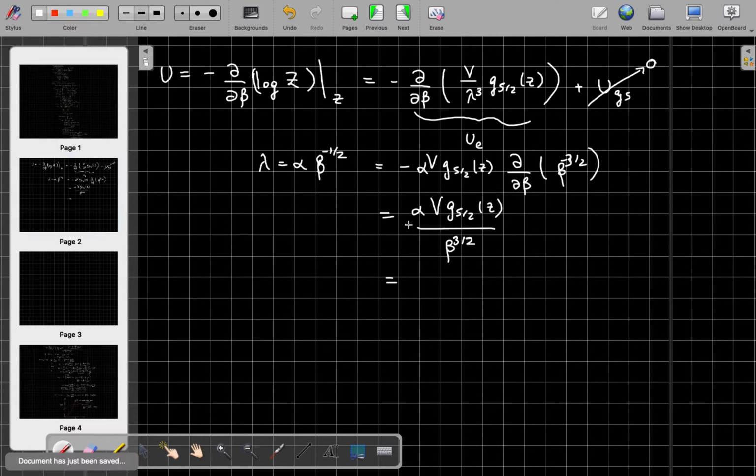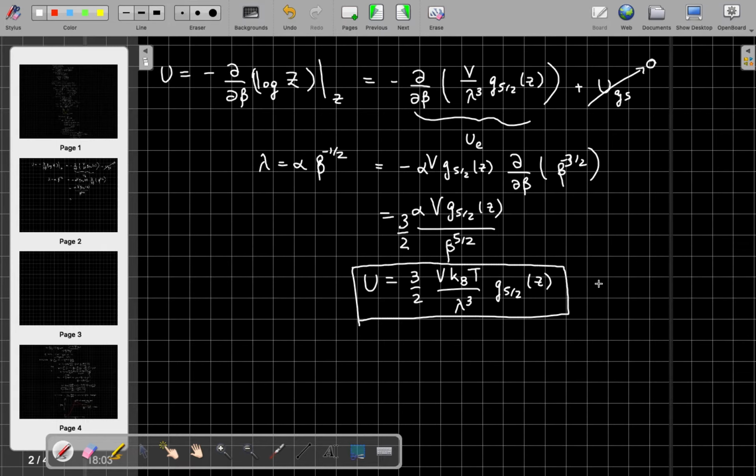So we're actually going to get a 3/2 here, and this is going to actually be 5/2. Right, and when we combine alpha with beta to the 5/2, we get 3/2 V kBT over lambda cubed g 5/2 of z. So there you go. This is the internal energy.